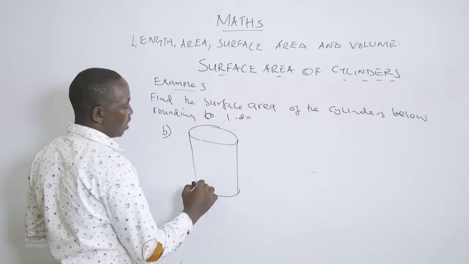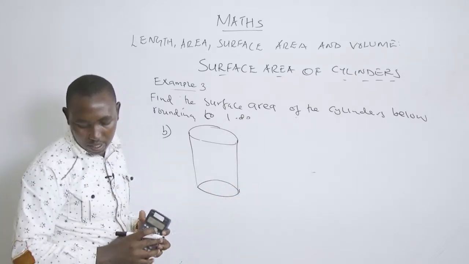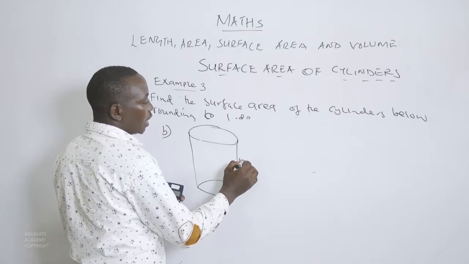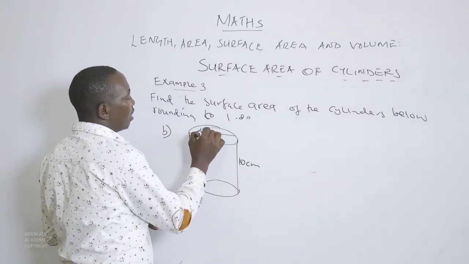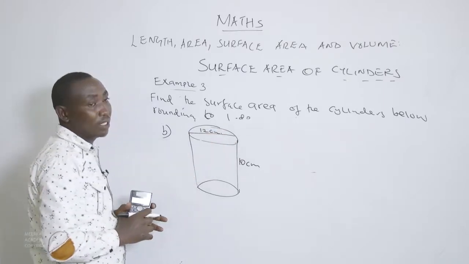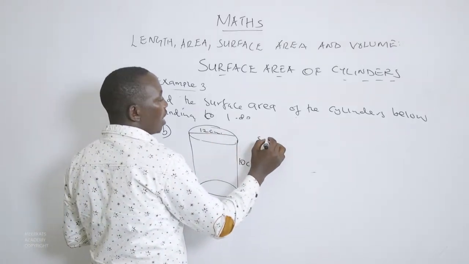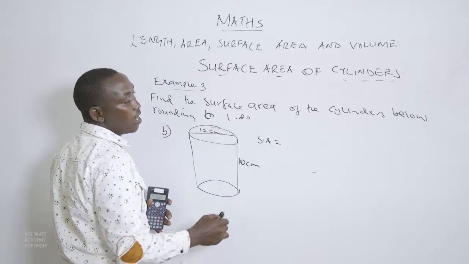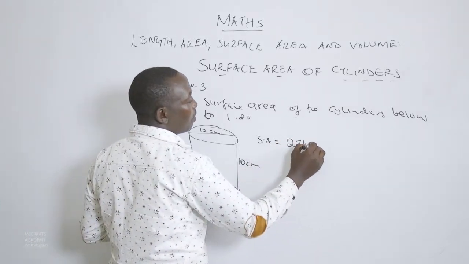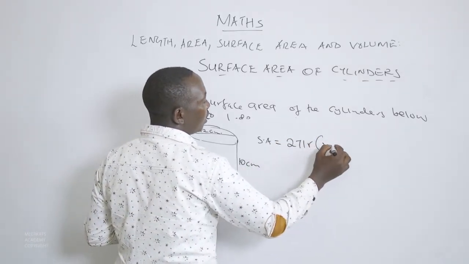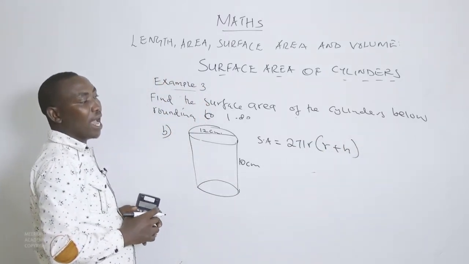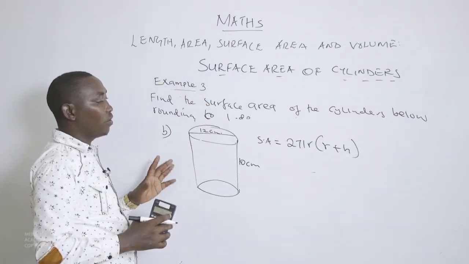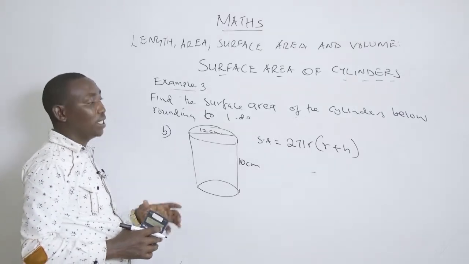Part B, we have this cylinder which has a height of 10 centimeters and a diameter of 12 centimeters. Again, if you want to get the surface area, we have said the simplified formula is 2 pi R into R plus H, where H is the height, R is the radius of our cylinder.